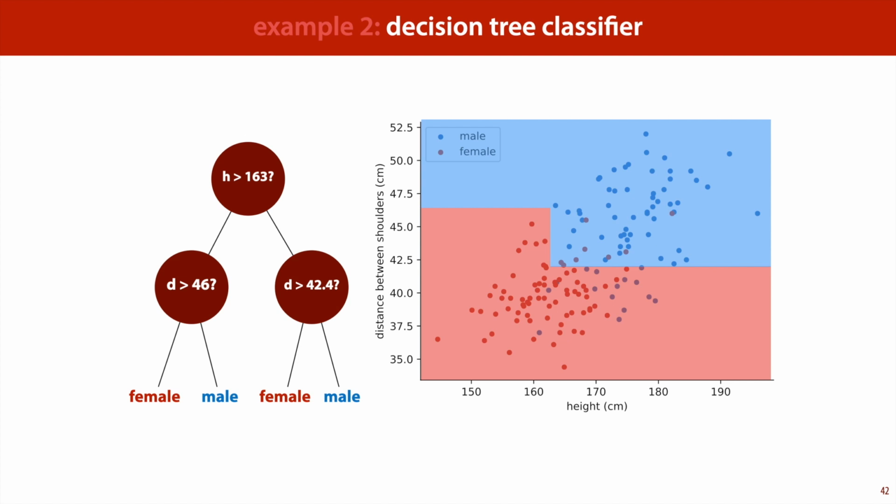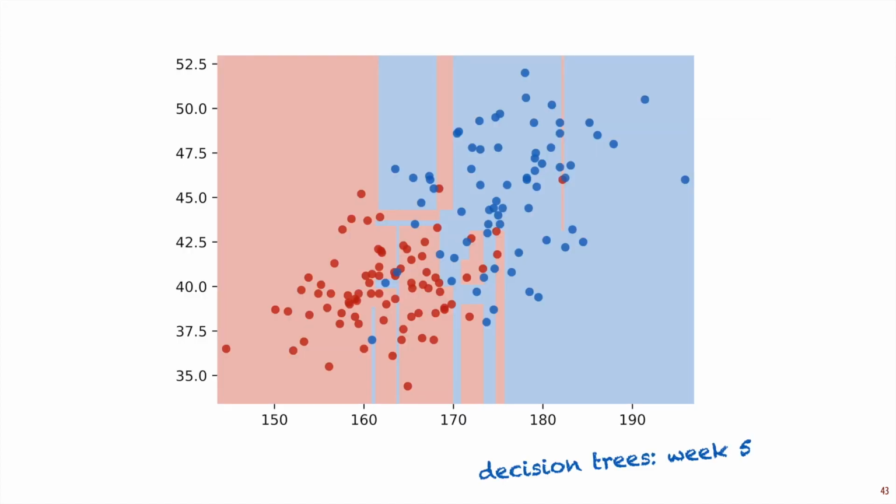So this is the shape of decision boundary that we get for a simple tree like this. In practice, these trees can get very complicated. So you might end up with something like this. We won't go into the details of how to find a particular tree to fit a particular dataset at this point. We'll look at that more when we get to decision trees in a later lecture.